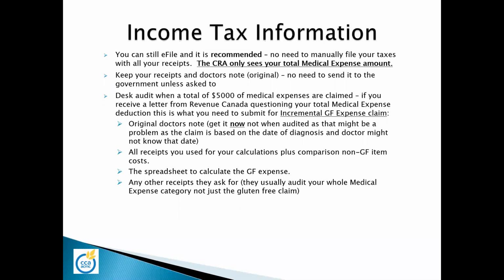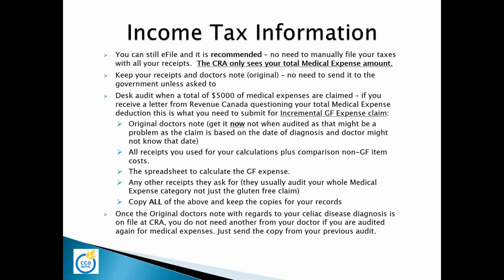And you need to copy them all and keep the copies for your records and send the originals to the government. Once the doctor's note with regards to your celiac disease diagnosis is on file at the CRA, you don't need another one from your doctor because the first one should still be on file at the CRA.